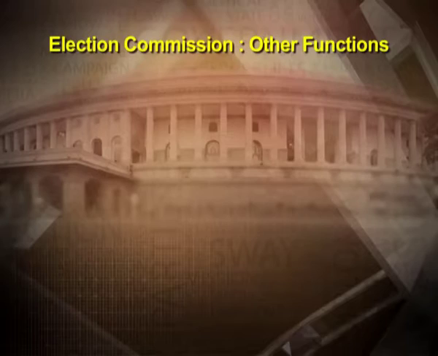Parliament, state legislatures. Parliament means both Lok Sabha and Rajya Sabha, state legislatures, and the offices of President and Vice President of India. The Election Commission not only does that, it has other important functions. These are the two broad functions that I talked about just now.